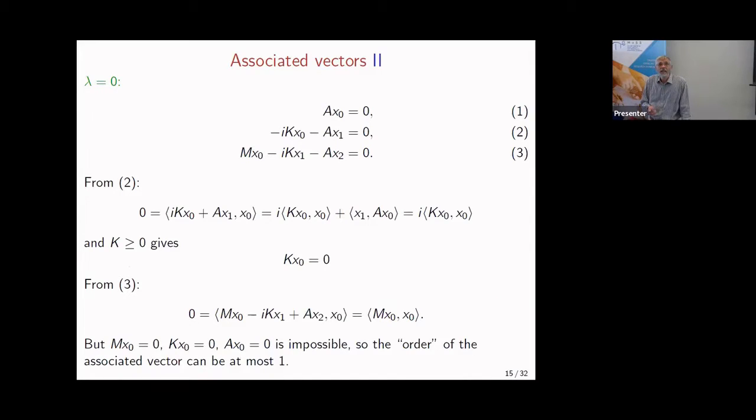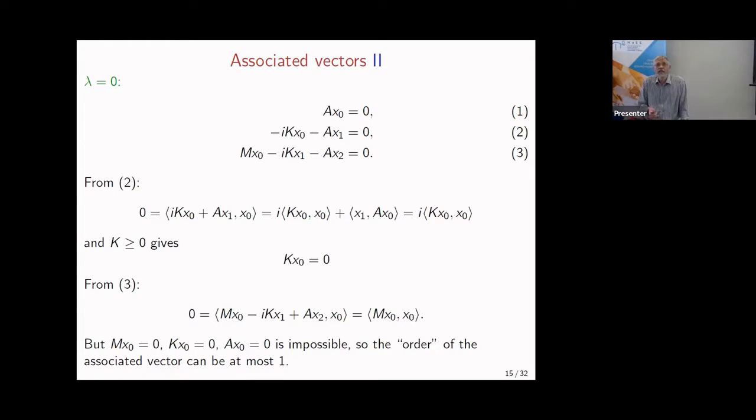And associated vectors, now in the general case, K equals 0, K different from 0. In case lambda equals 0, 1 is actually the maximum multiplicity of that eigenvalue.